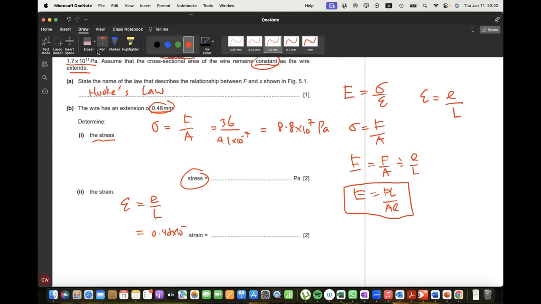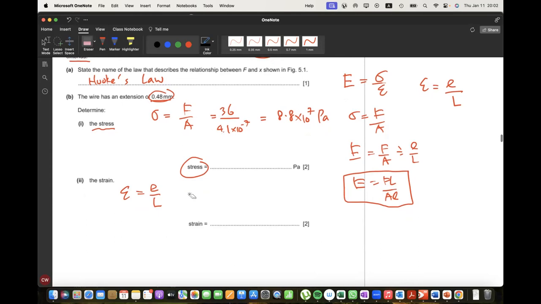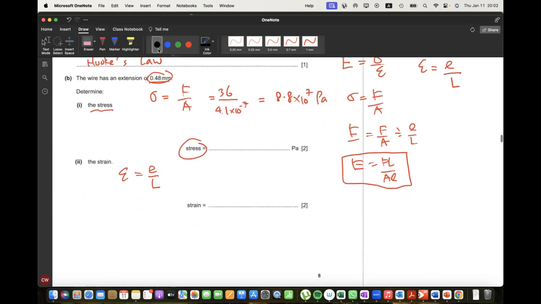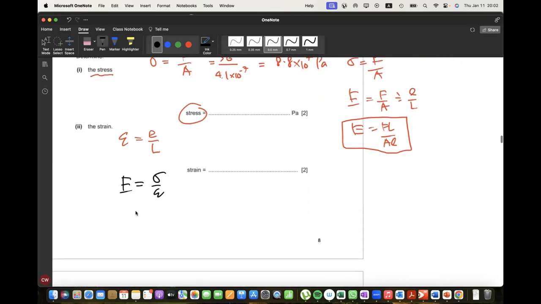But do we know the original length? Anywhere that we can get the value of the original length? No. So you are right. You have to use Young modulus for this. If you find that you're stuck and cannot go on anymore, use the second formula. So strain is stress over Young modulus.